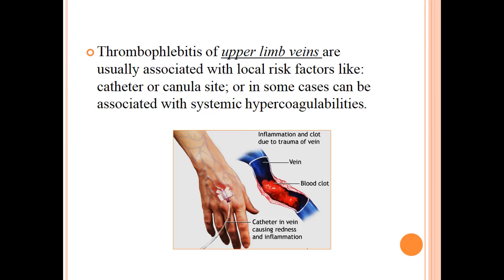Thrombophlebitis of the upper limb veins is not quite common, and when it's present is usually associated with some local risk factors. For example, the use of a catheter or a cannula. In rare cases, it can be associated with systemic hypercoagulability syndromes.